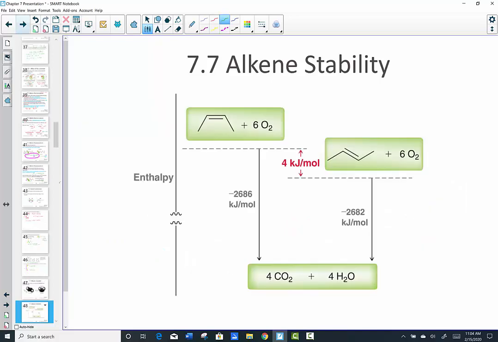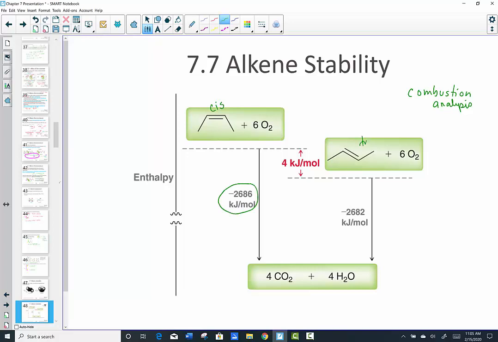And you can see that on a graph that is a combustion analysis. And we looked at these in chapter 4 when we were looking at ethane, propane, butane, cyclohexane to understand the conformations and twisting and Newman projections. We underwent combustion analysis. When the cis conformation combusts, it releases negative 2686 kJs of energy per mole.